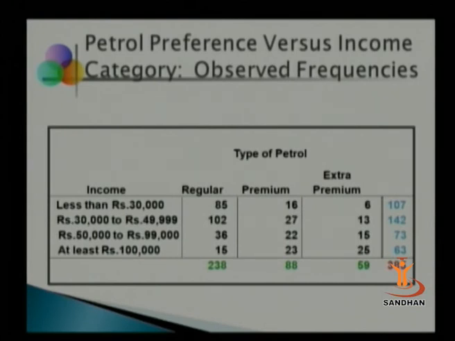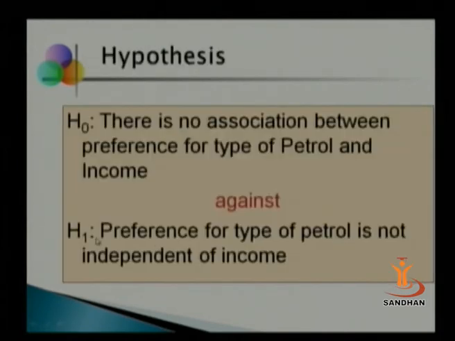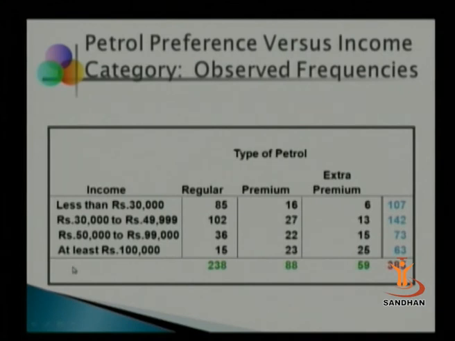Here I have another example, petrol preference, type of petrol versus income category. We have 4 income categories: less than 30,000 rupees, 30,000 to 49,999, 50,000 to 99,000, and at least 1 lakh, that means more than 1 lakh rupees.